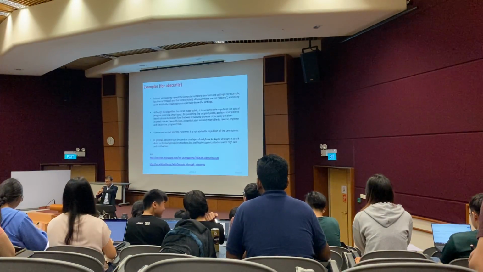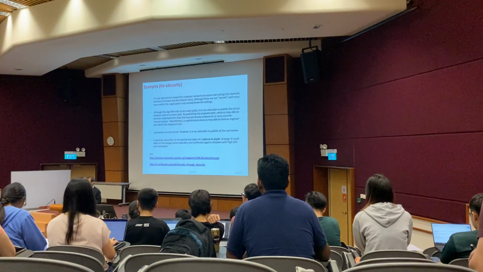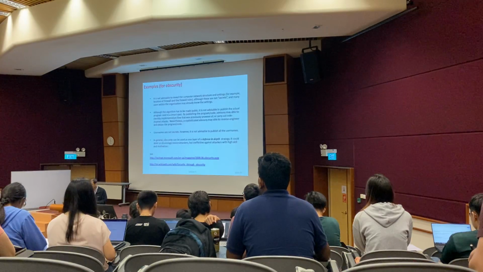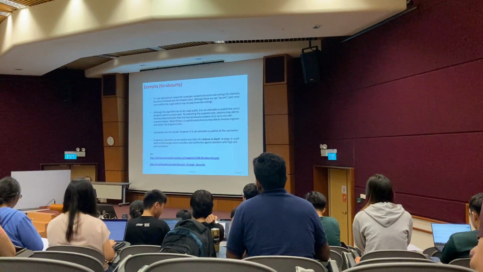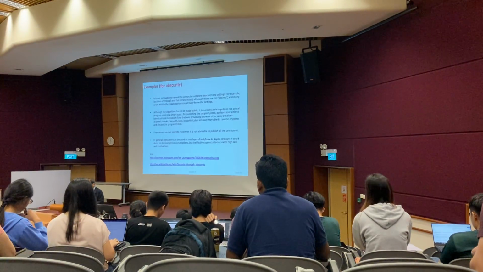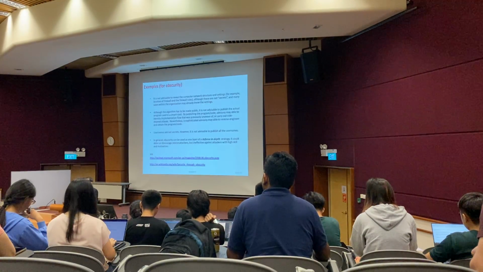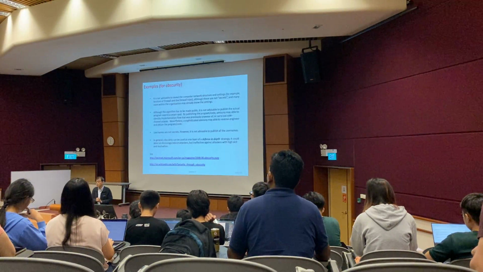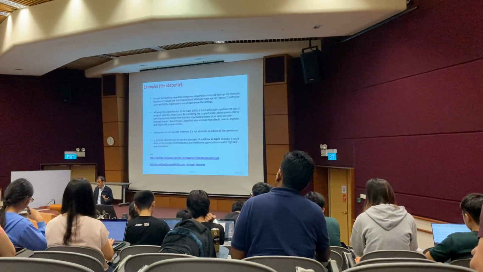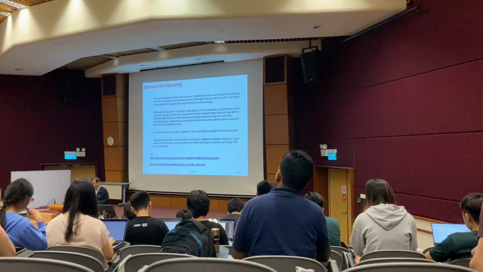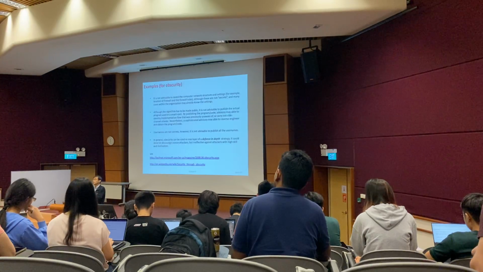But we still need obscurity. Like just now what I said, it's not advisable to let people know your system. It's also not advisable to let people know the program because there's something called side channel attacks. So now between these two, how do we balance? How do we choose?